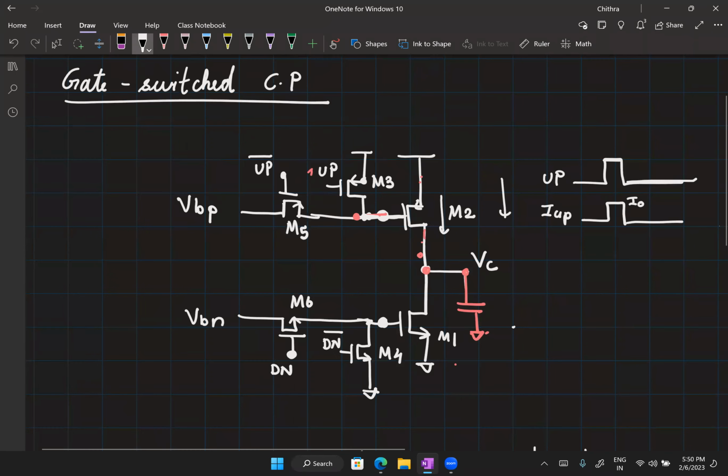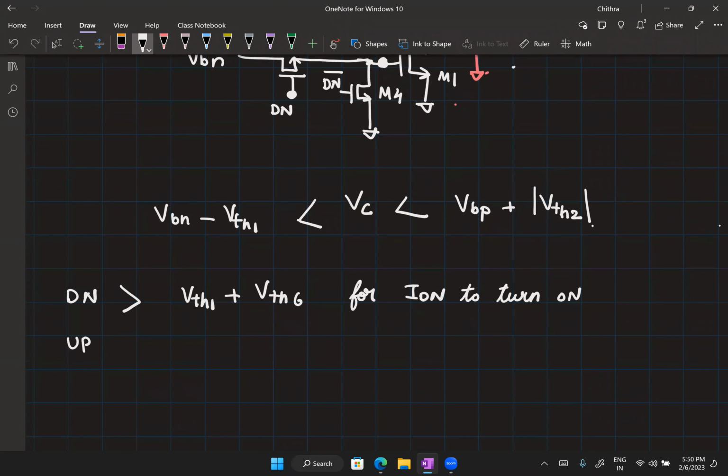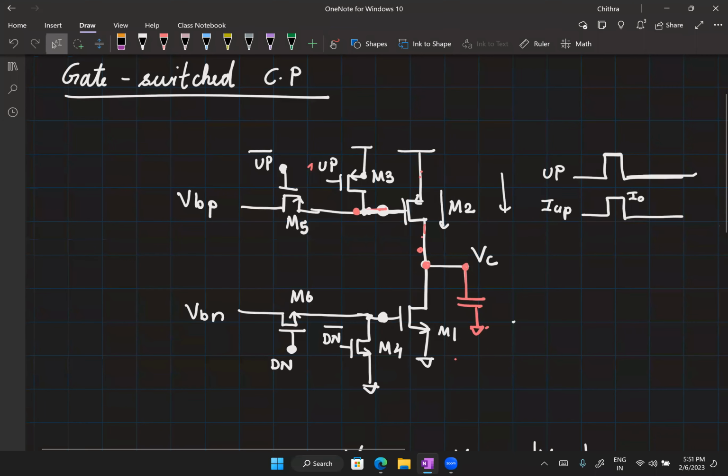Okay. Similarly, what should be the value of up bar for M2 to turn on? So VDD minus 2 mod VTP.